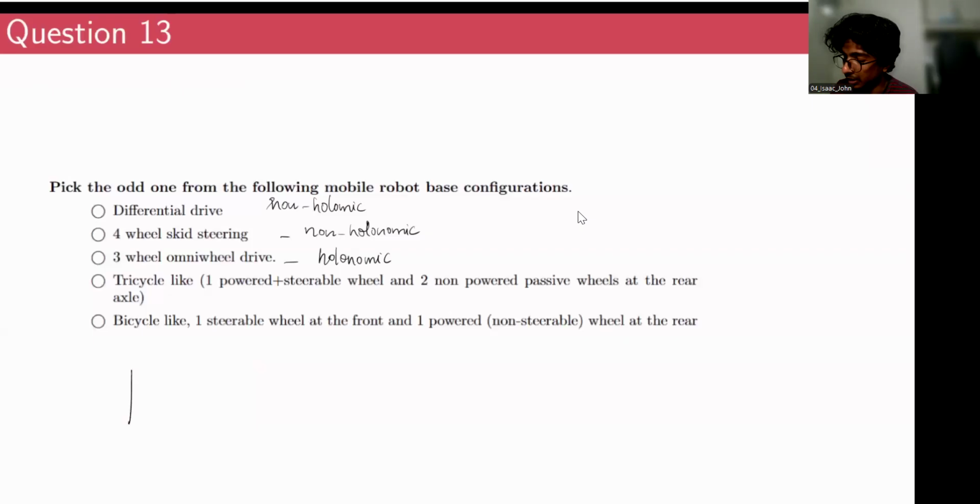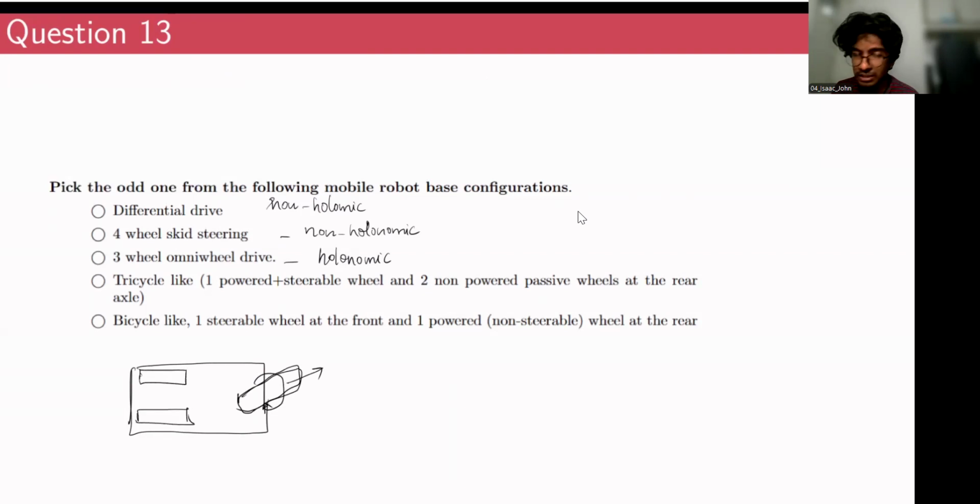So it's like an auto rickshaw, right? You have a chassis like this. You have a powered and a steerable wheel at the front. It is powered, it is also steerable, but you have 2 passive wheels, not driven wheels, at the back.